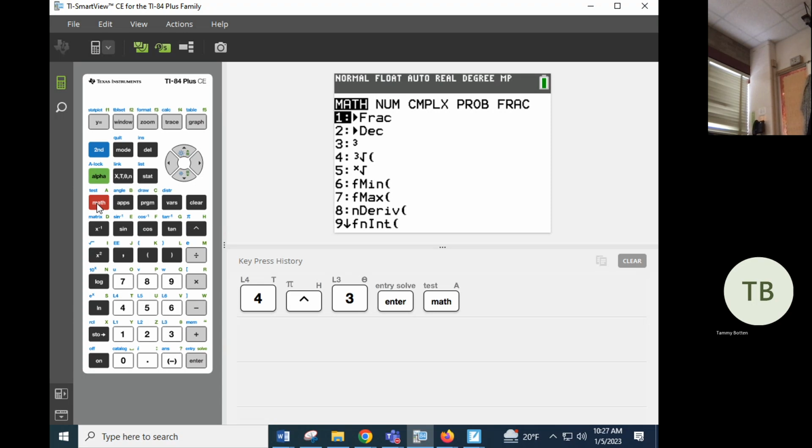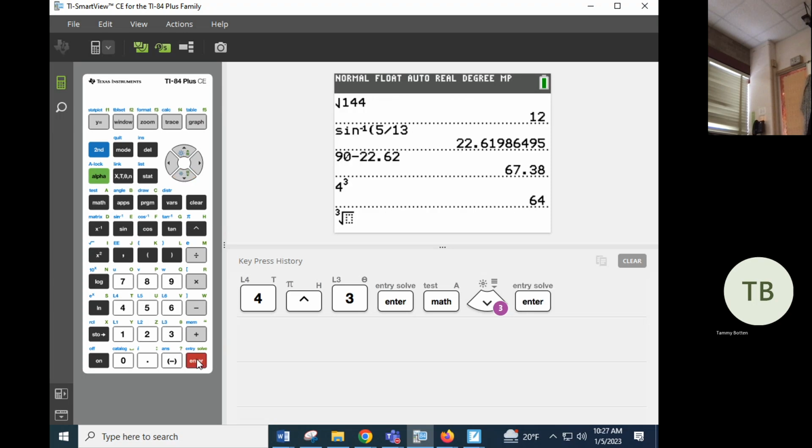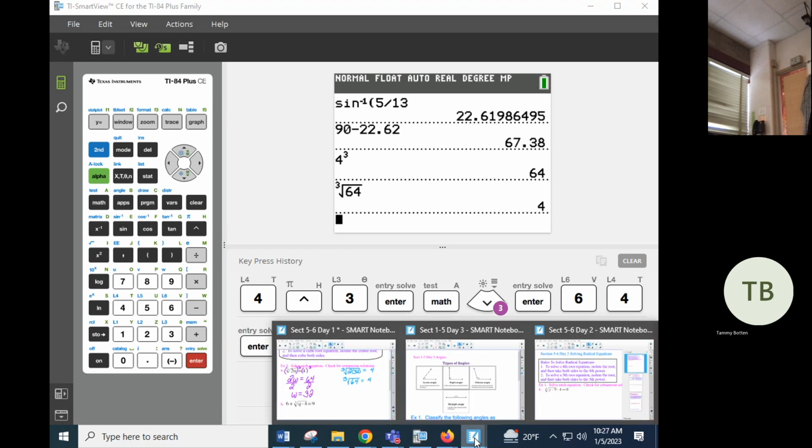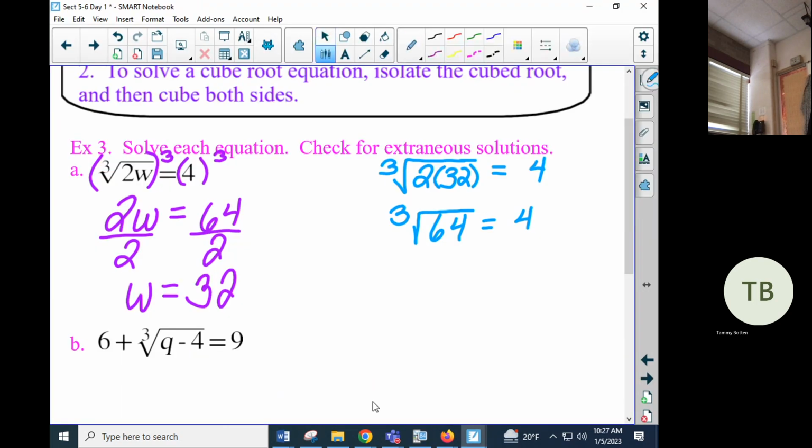You either use your down arrow to go to number 4, or just punch number 4 and hit enter. It'll say the cubed root and you just enter what you're taking the cubed root of. So the cubed root of 64 is 4. Back here, this is 4, so this does check.